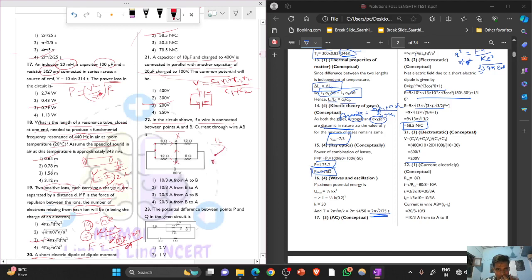It's 0 volt, x volt, x volt, and V volt, and there is a resistor, a resistor, a resistor, a resistor. Simply the potential is the same here.